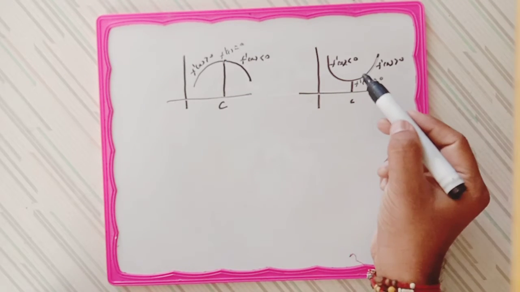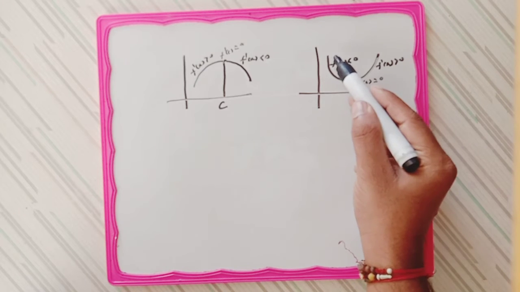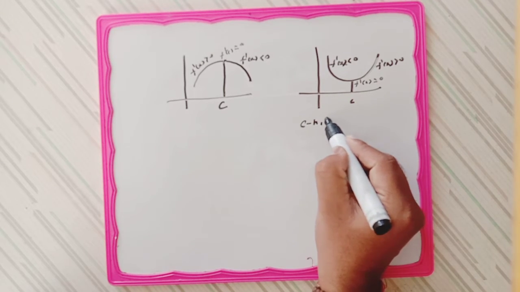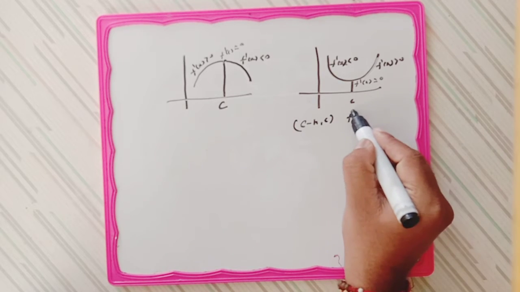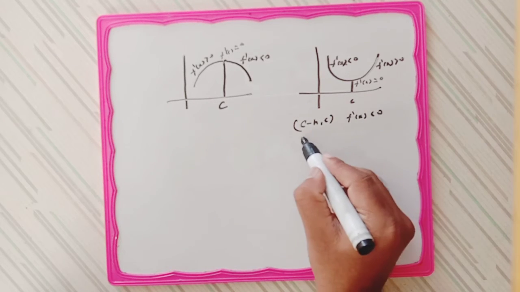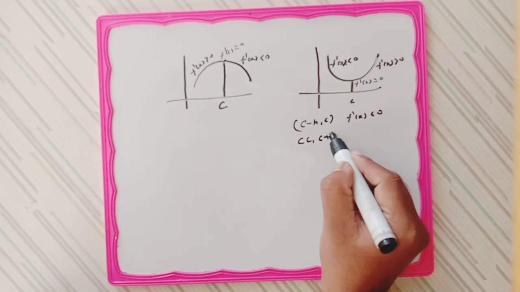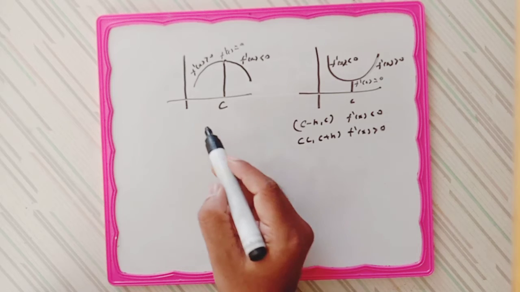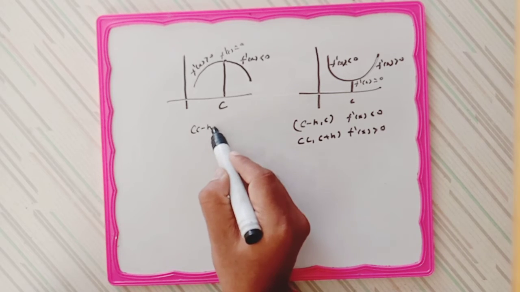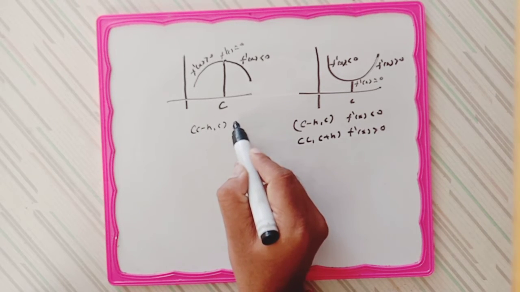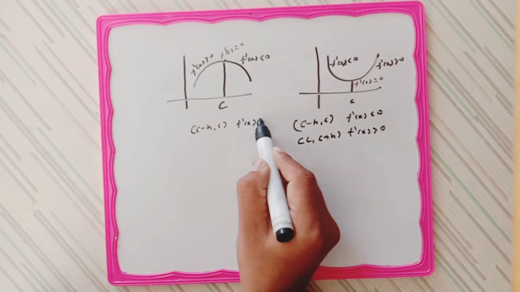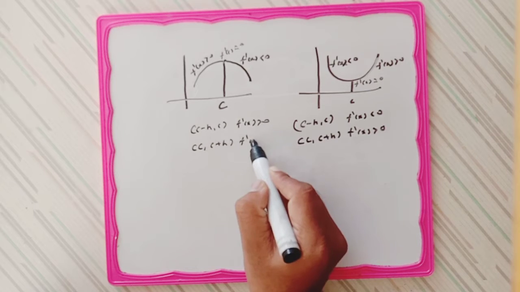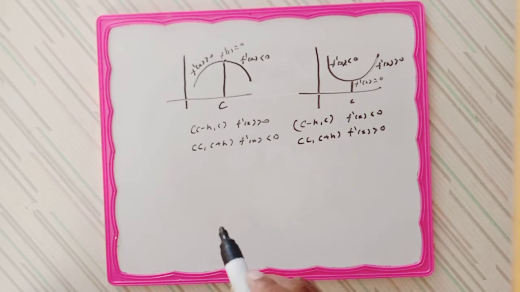In the same way, for a decreasing function, in the interval c minus h to c, f dash x is less than 0, and in the interval c to c plus h, f dash x is greater than 0. And here, in c minus h to c, f dash x is greater than 0, and in c to c plus h, f dash x is less than 0.